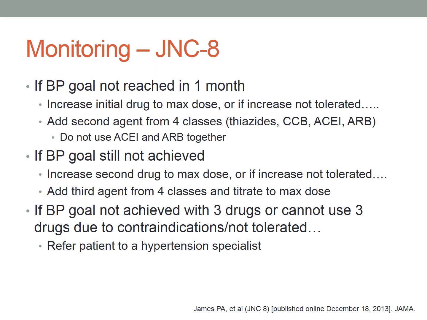They recommend that if the blood pressure goal has not been achieved with 3 drugs, or you can't use 3 drugs because maybe one of the classes is contraindicated or the patient doesn't tolerate it, then you should refer the patient to a hypertension specialist.